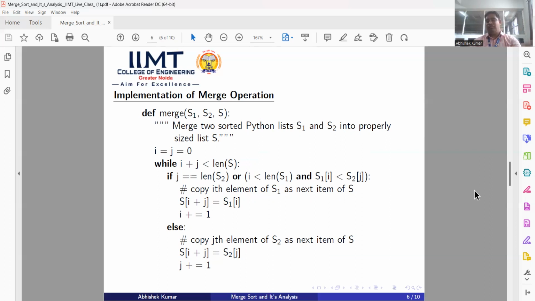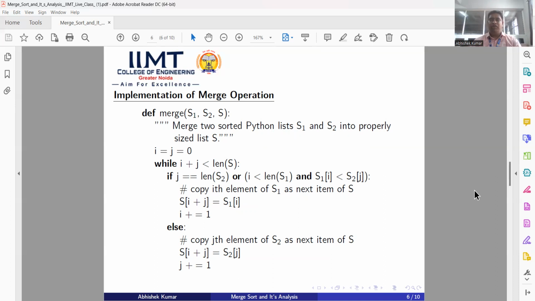As all of you already know, if we have to apply the merge operation, merging is only possible when the subsequences are already sorted. So there are two sorted subsequences or lists, S1 and S2, and we are merging them into one particular list, that means S.